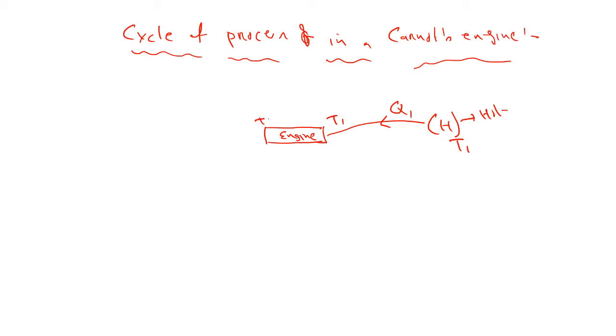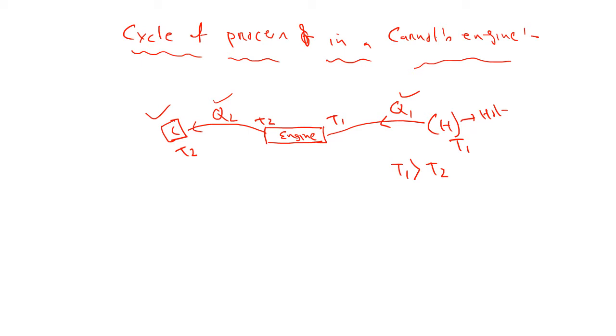This part is T2, and this is Q2. We can say this is the cool part, and the temperature is T2 in that part. This is heat supplied, this is heat released. So here the condition is T1 greater than T2, because this is the hot part and this is the cold part.